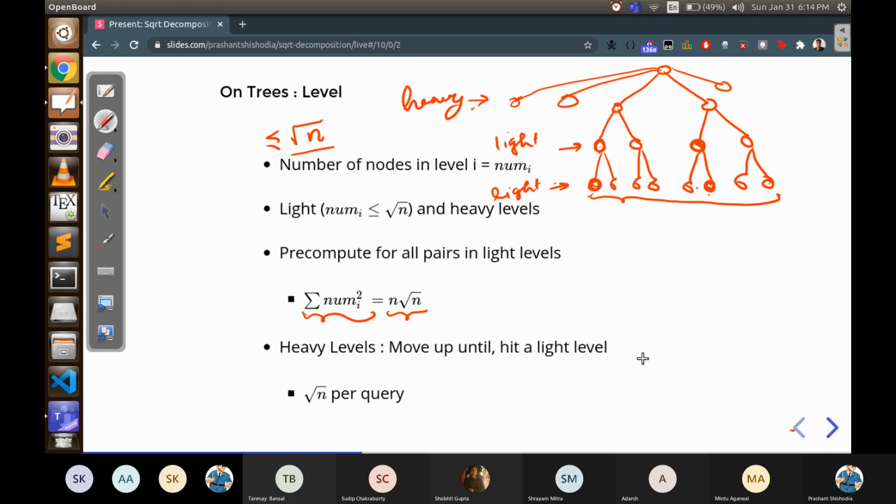Right. You got it right. So assuming that the above level is light, I have to find the answer for this pair. I have the answer for this pair pre-computed beforehand. So I can compute this too, right? In O(1) time.